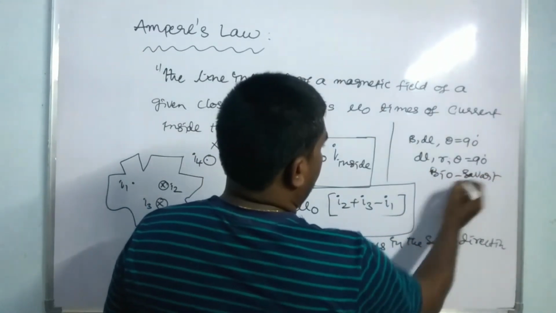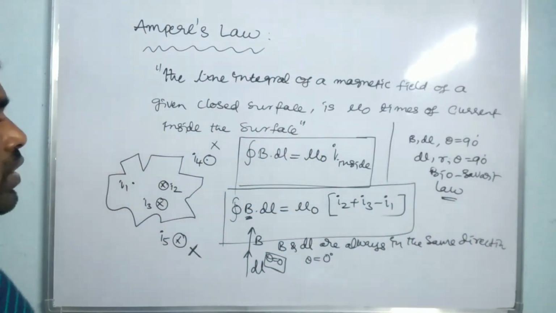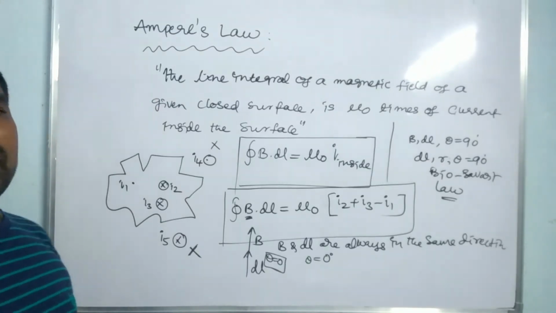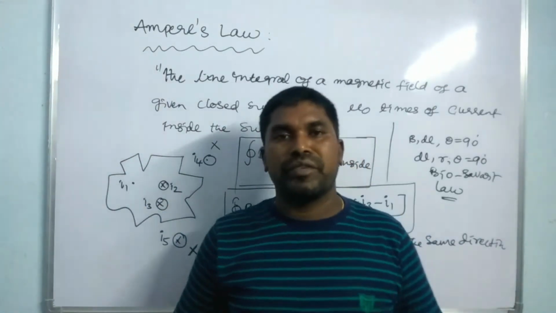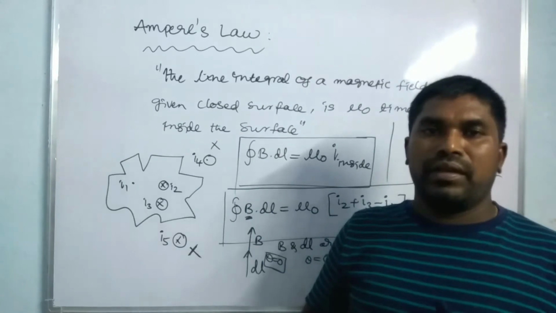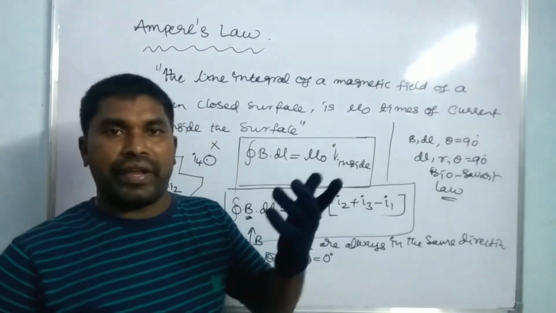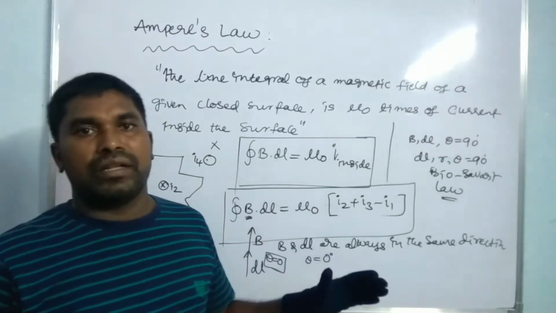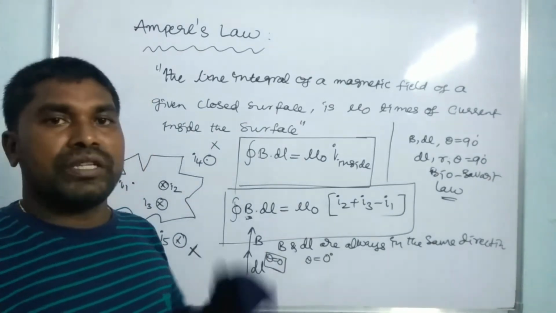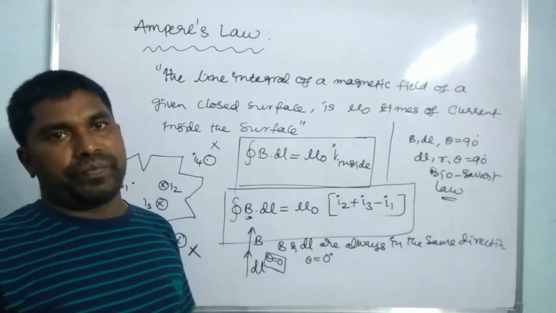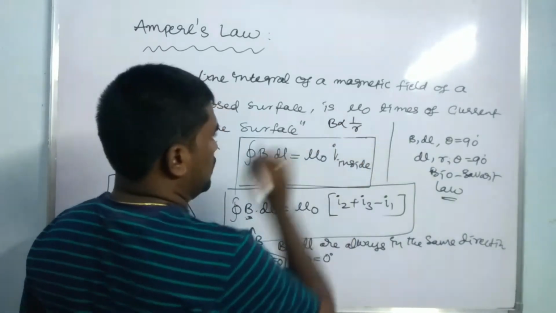One more important difference between the Biot-Savart law and Ampere's law is the distance of the point which we have to assume. In Ampere's law, the magnetic field is inversely proportional to the distance, that is, directly proportional to 1 by r.